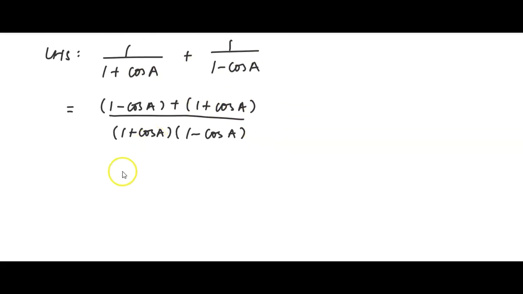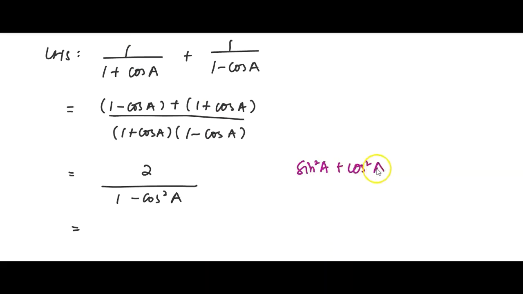Then I simplify it. Simplify the numerator, I get 1 plus 1, that will be 2. Negative cos A plus cos A, that is 0. Divided by, expand this, you will have 1 minus cos square A. Okay, so again, I'm using the first identity, which is sine square A plus cos square A equals 1.